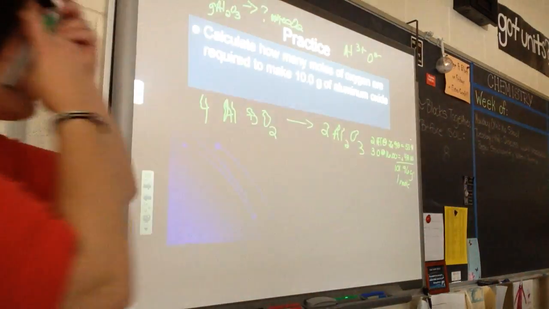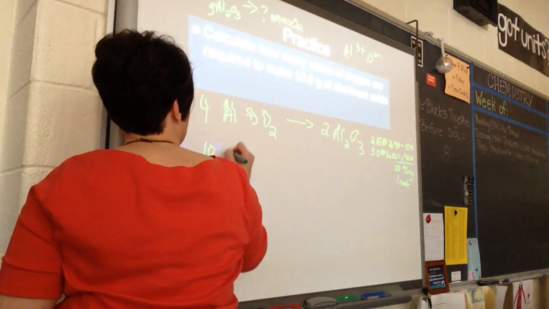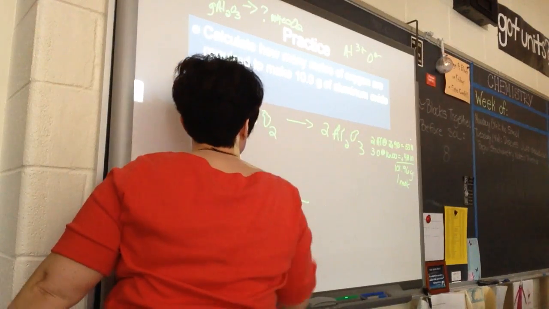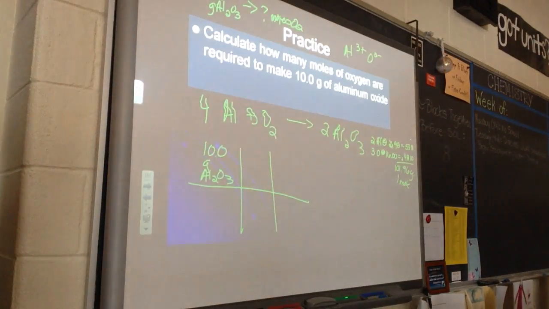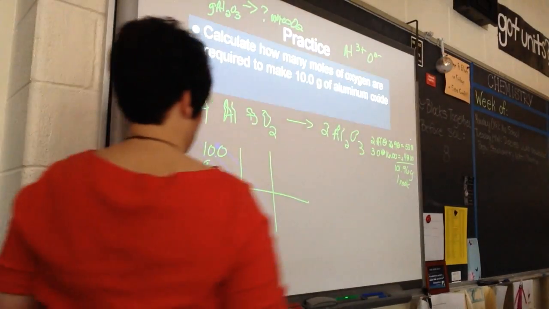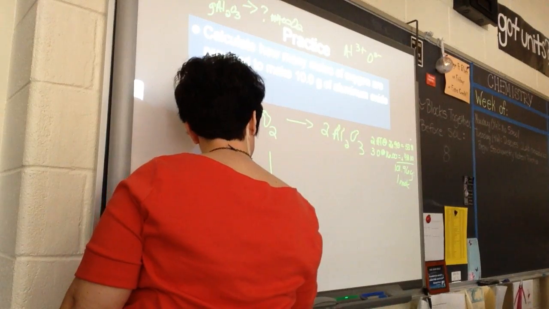All right, let's set her up. 10 grams aluminum oxide, grams Al2O3. What has to go down here? Grams aluminum oxide.